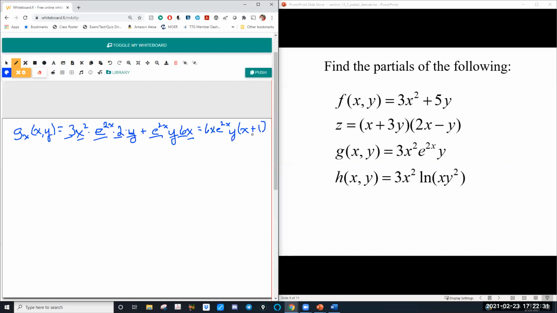We might multiply the x back in just to save one of the product rules. So let's do that. 6e to the 2x y times x squared plus x. So now when we do the second order with respect to x, it'll come out a little cleaner. Oh, I'm sorry, wait, what happened with the 3x squared?